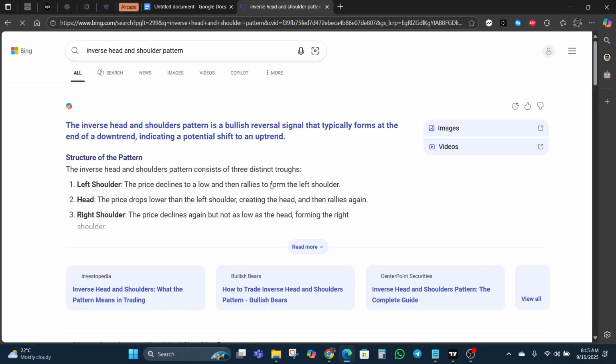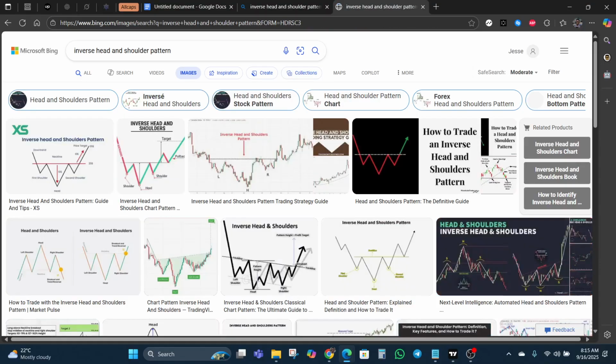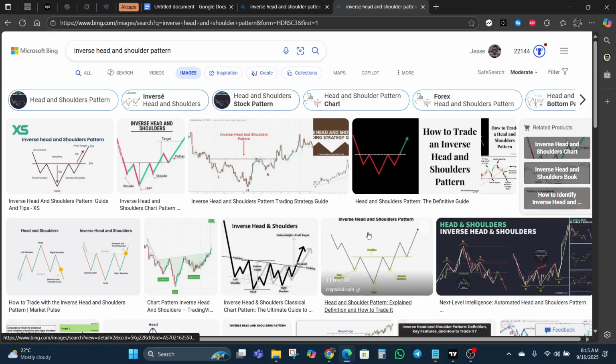The inverse head and shoulders pattern is used by traders across different markets because it often signals a potential shift in trend direction, making it an essential tool to understand. So let us start with what the inverse head and shoulders pattern actually is.